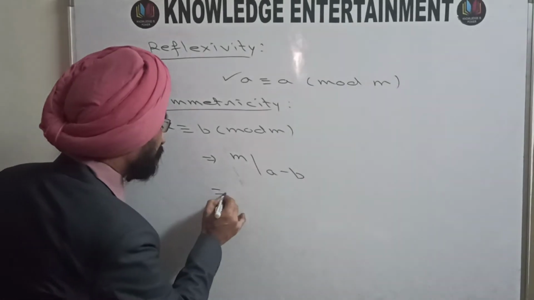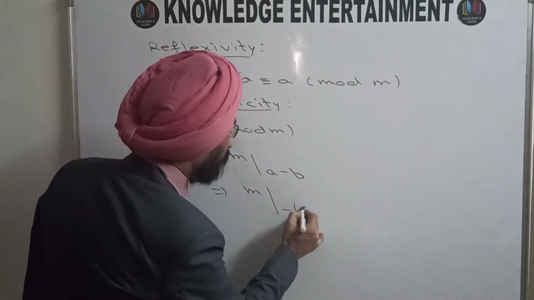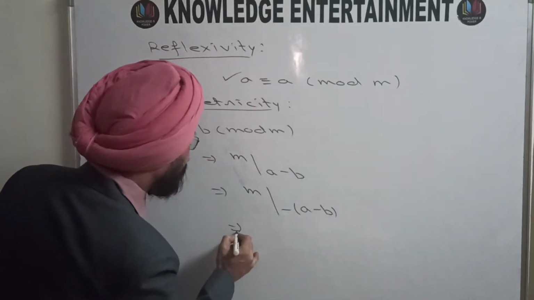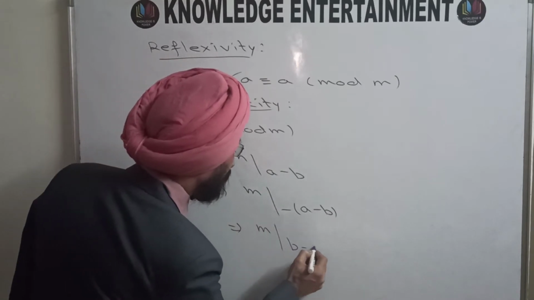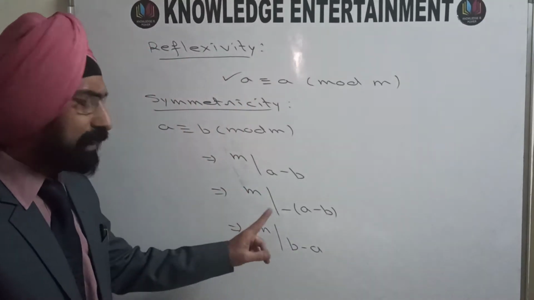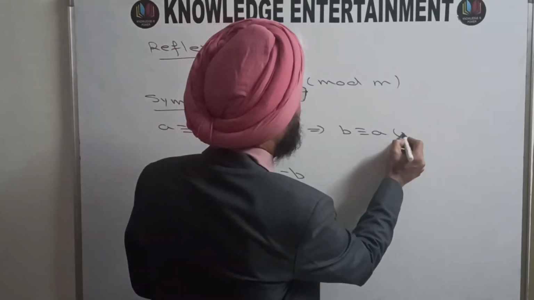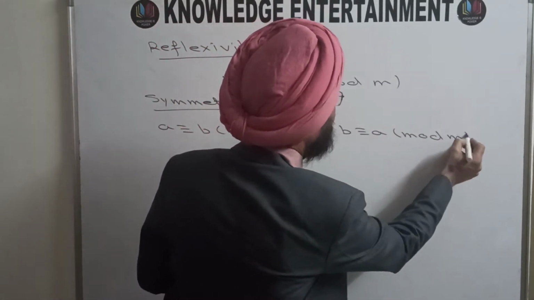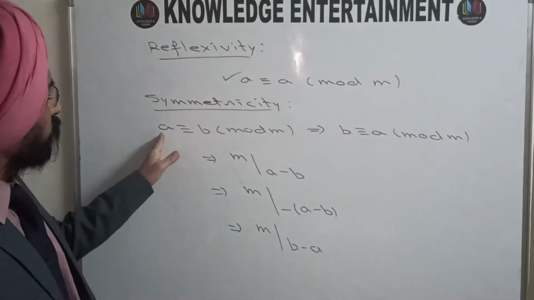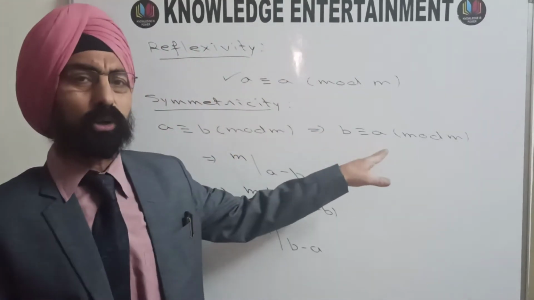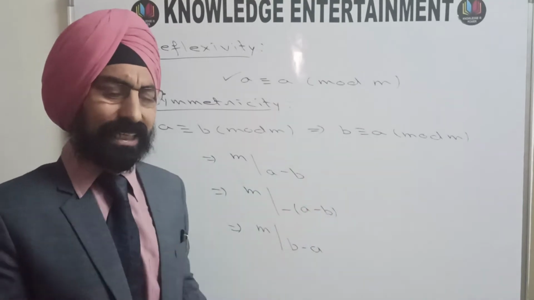So m divides negative of a minus b, and that means m divides b minus a. And if m divides b minus a, this means b is congruent to a modulo m. That means whenever a is congruent to b modulo m, b is also congruent to a modulo m. So the relation is symmetric.